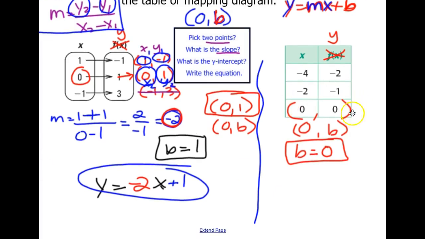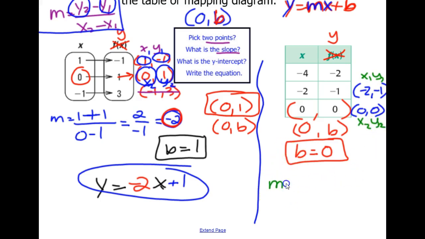I'm going to use this point, 0, 0, because I like adding 0, and this point, -2, -1, because they're small numbers. So I'm going to say this is my first point, x, y, first point, and x, y, second point.